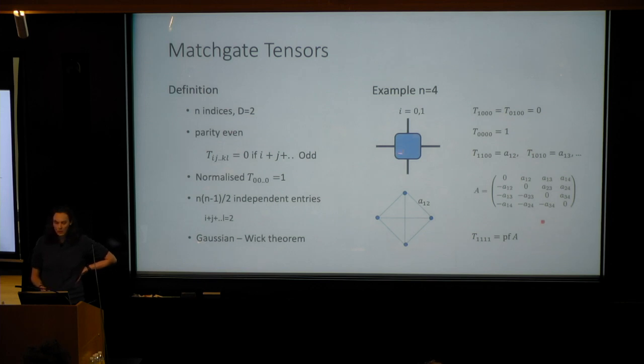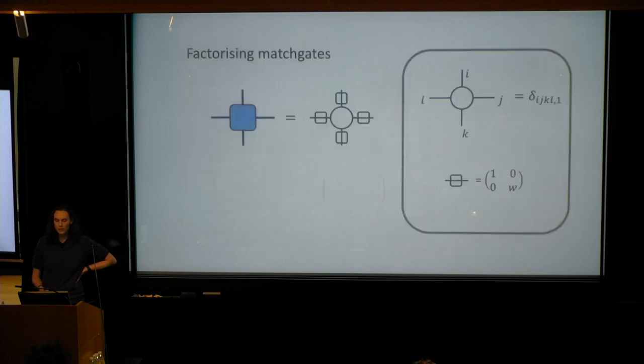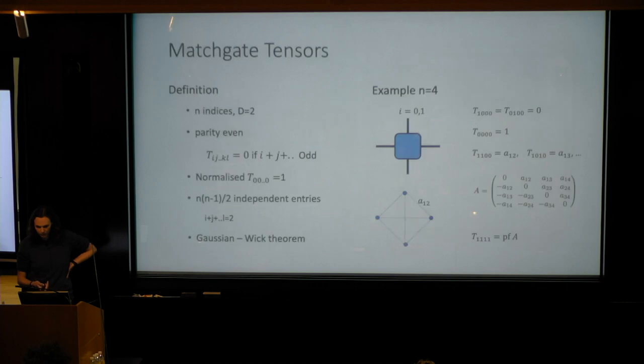And then the higher moments, for example, this tensor with 4 ones, is given by the Pfaffian of this matrix A. So if you had a tensor with say 6 indices, then the highest moment of this tensor, so the tensor with all 6 indices set to 1, would be given by this Pfaffian of A. And for example, a 4th moment where you just have 4 ones and the rest is 0 would be given by choosing a suitable submatrix and then computing the Pfaffian of this submatrix.